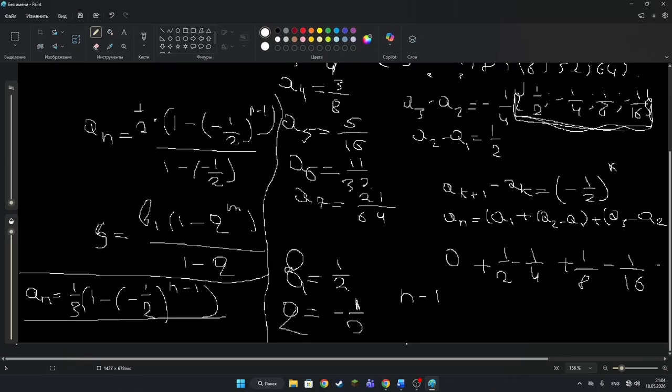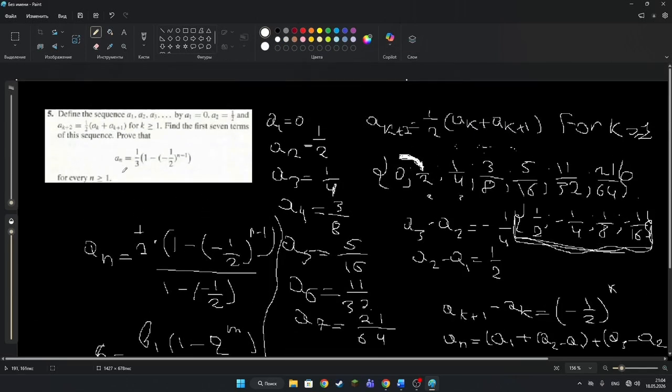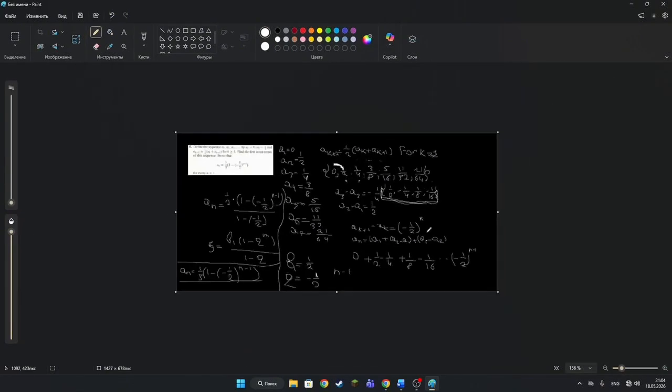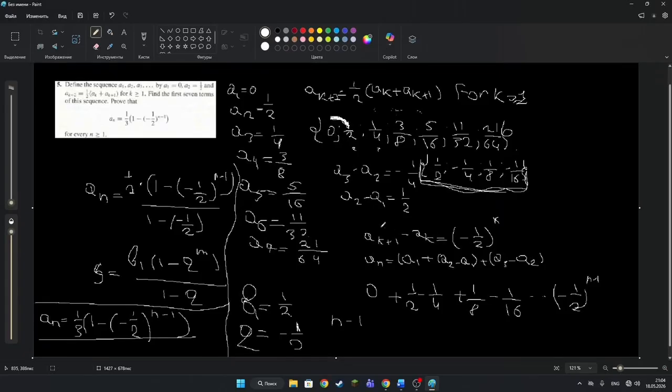So we prove that it is equal to this one for every n more or equal to 1. This is the fifth exercise from chapter 5.